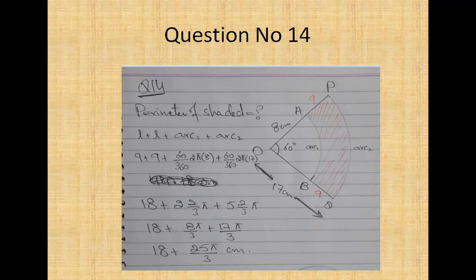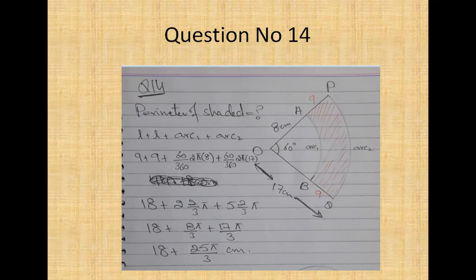So you will have 18 plus 8 pi by 3 plus 17 pi by 3. When you add these two, forget the pi, you only write 8 divided by 3 plus 17 divided by 3, so you get 25 pi by 3. So 18 plus 25 pi by 3.